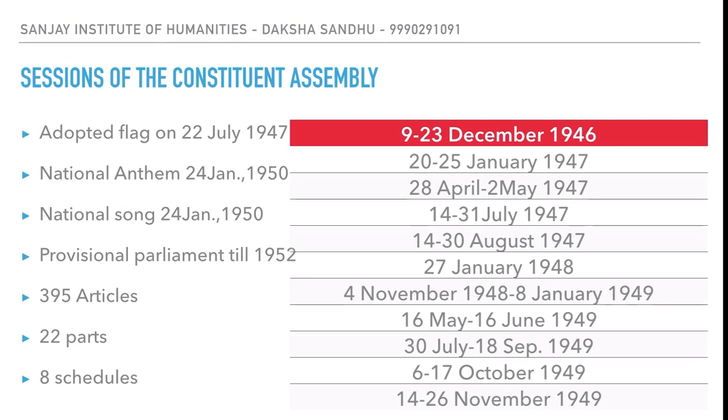The seventh session was held between 4 November 1948 to 8 January 1949. The eighth session was held between 16 May to 16 June 1949. The ninth session was held between 30 July to 18 September 1949.